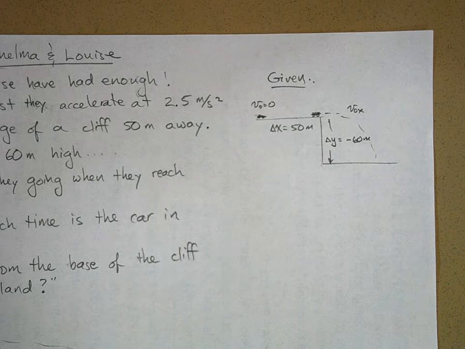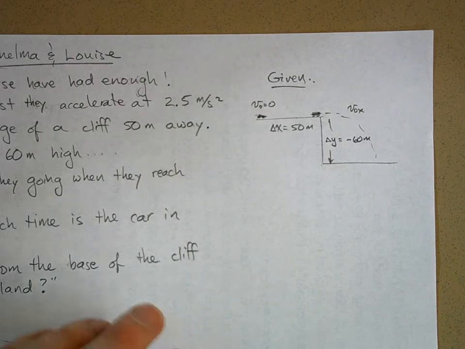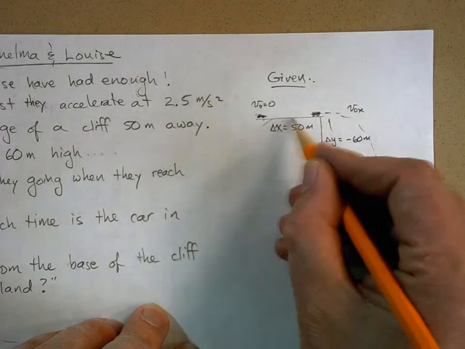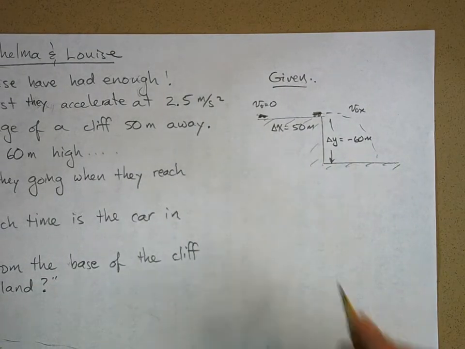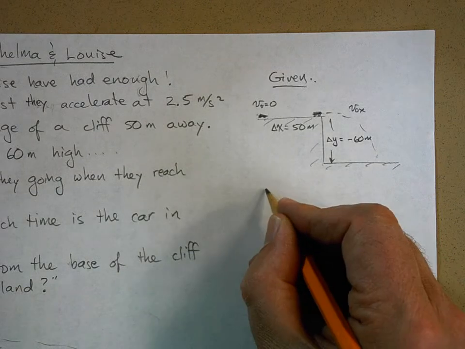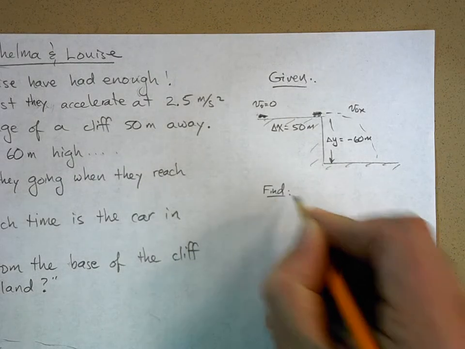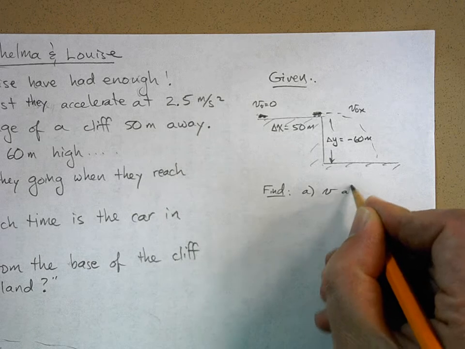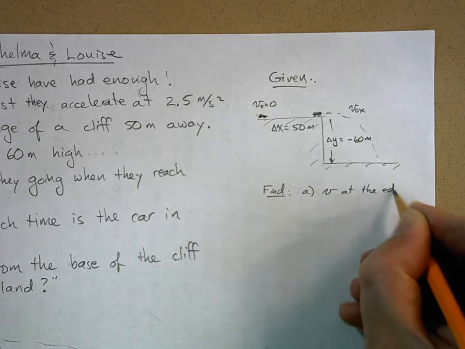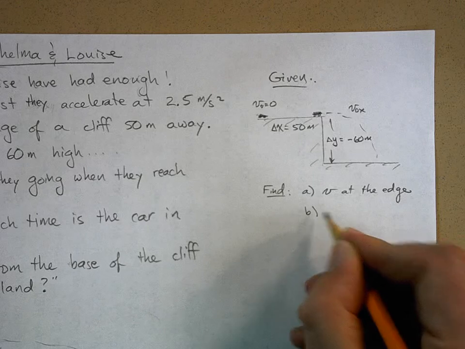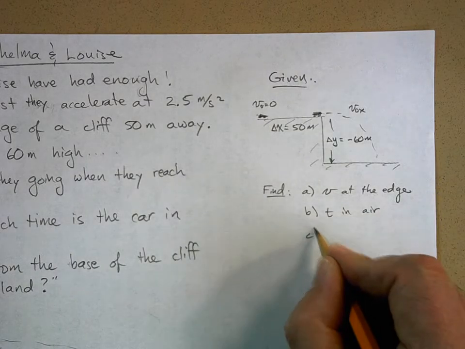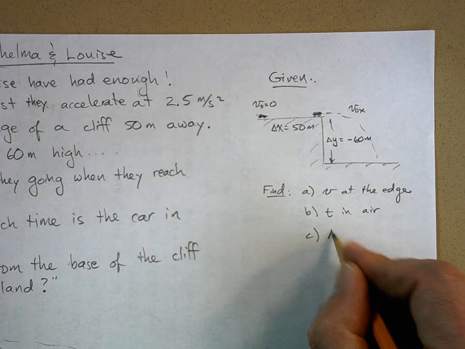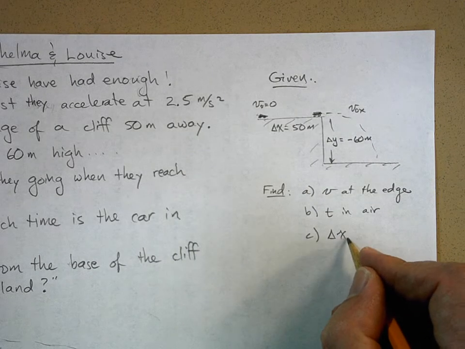Now I use negative 60 because I consider gravity to be negative 9.8. If you want to make down positive, you can do that and get the right answer. So we want to find A, the velocity at the edge, B, the time in air, and C, I'll call it delta x sub B for base, from the base of the cliff.